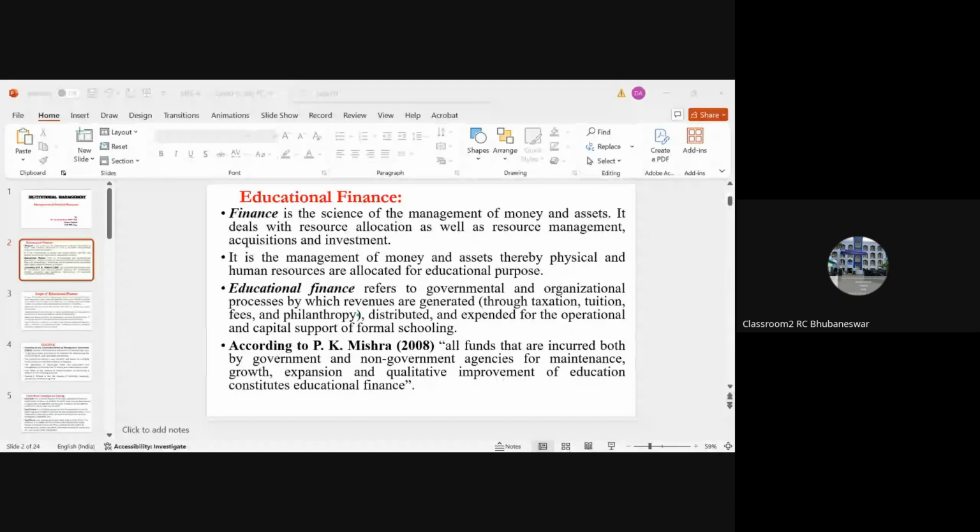To maintain our organization and institution, to expand our activities, to improve the quality of education, to impart quality education to the students, for proper management of the organization. What we are doing with the money, that is known as educational finance.